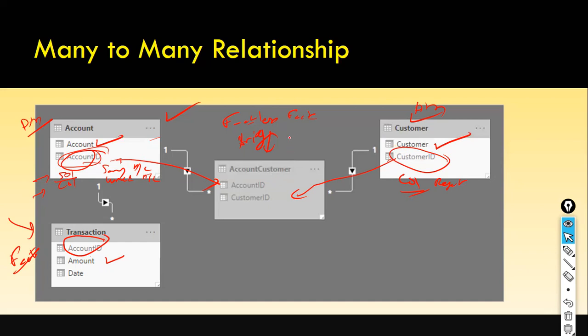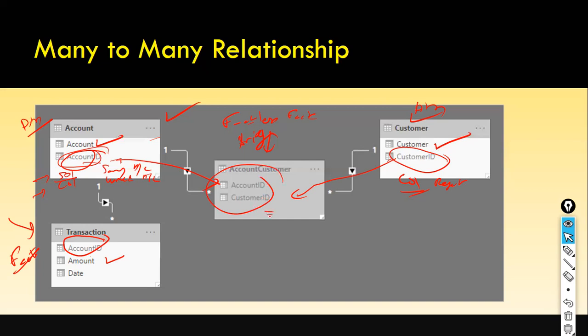Here you can have only unique values in the customer ID and account ID, you are not supposed to have duplicates. But in the bridge table you can have duplicate values. With the combination of account ID and customer ID, you can tell which account ID is held by which customer, isn't it?